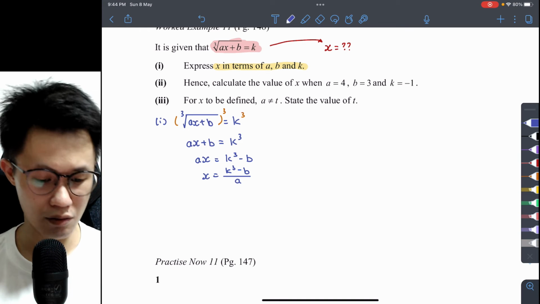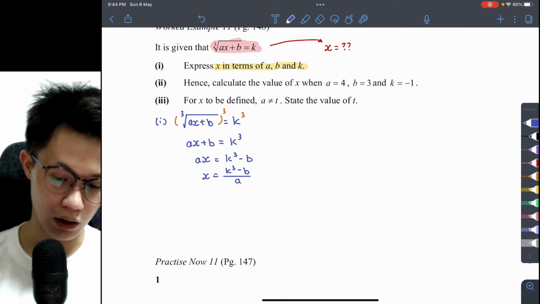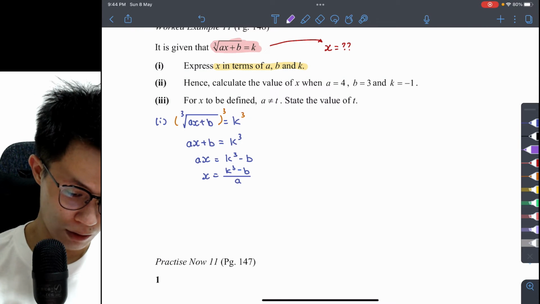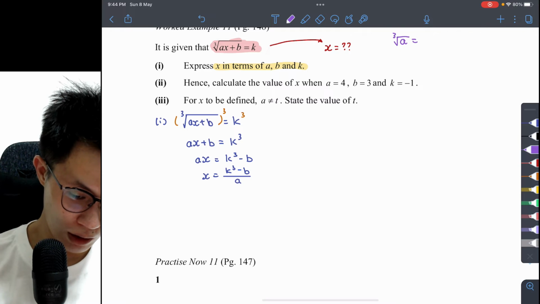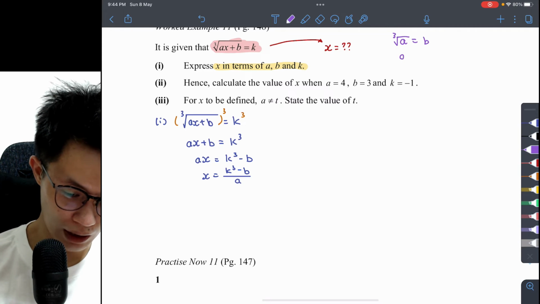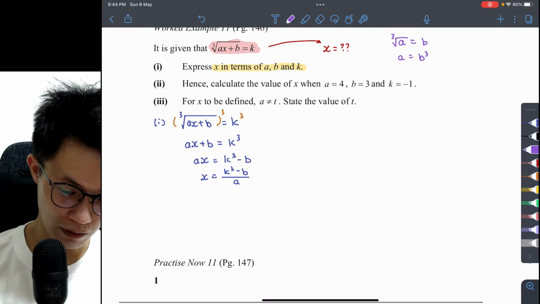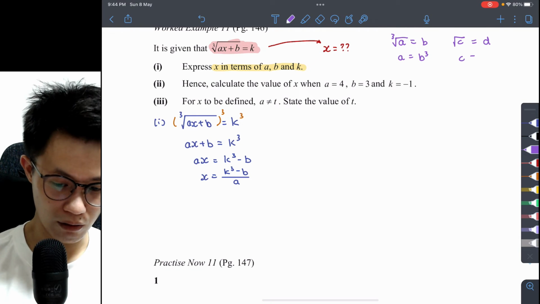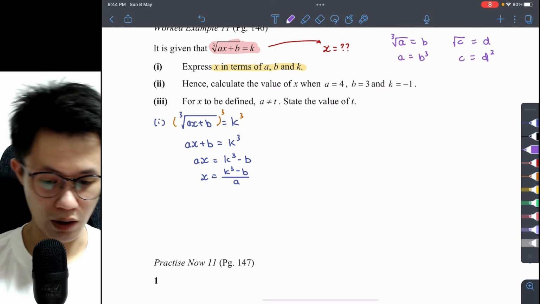So the idea here is really how to cube stuff, how to reverse, and it works the same for square root. So if I have cube root of a is equals to b, a is equals to b cubed. All by cubing. So what happens if I square root? Square root of c is equals to d, c is in fact equals to d squared.